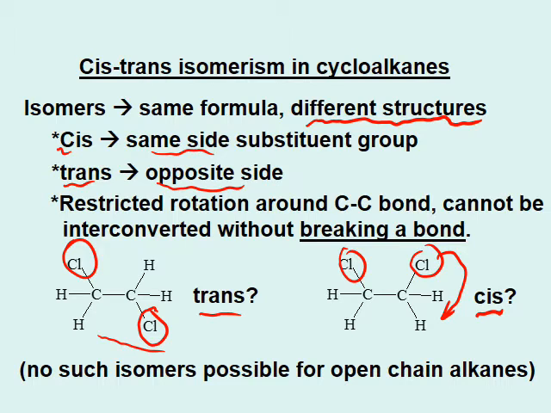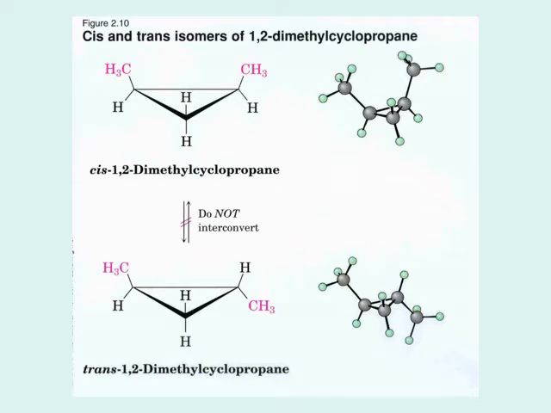So if you have a distinctly different compound, you should not be able to interconvert by simple rotation around a bond. So when you have a single bond, cis-trans isomerism in a non-cyclic compound is not possible. But when they make a cyclic compound, then it's possible. Here, you can see this is a cyclopropane.